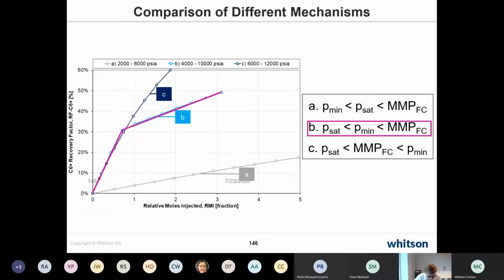And again, if you do something in between, which is what you would probably expect in the field, you will get something that's very efficient in the first cycles. So this is the region that is pure mixing driven, while after a while it will be vaporization driven.